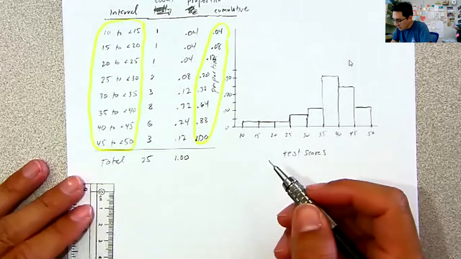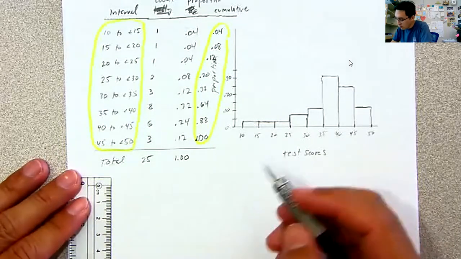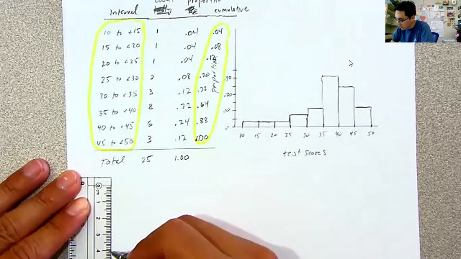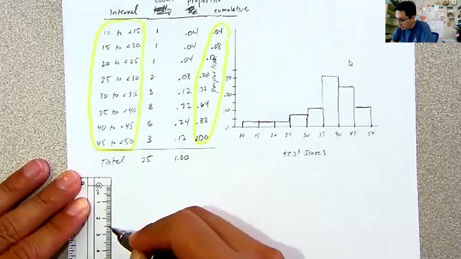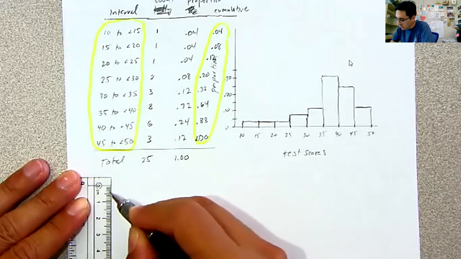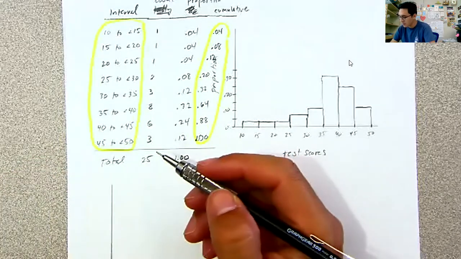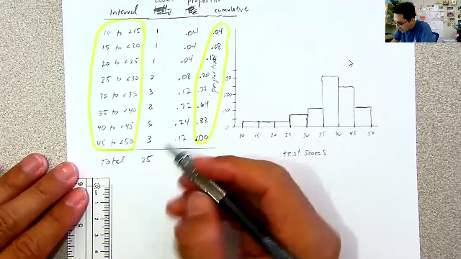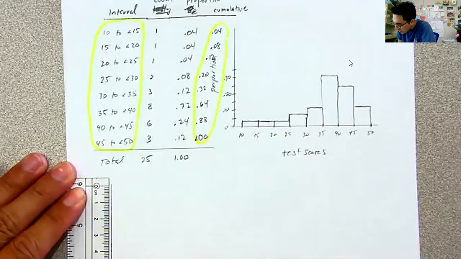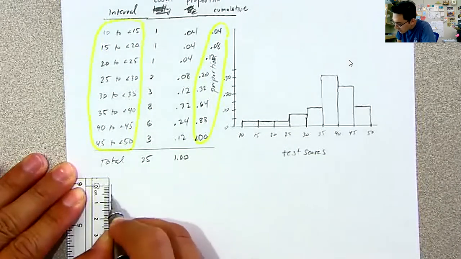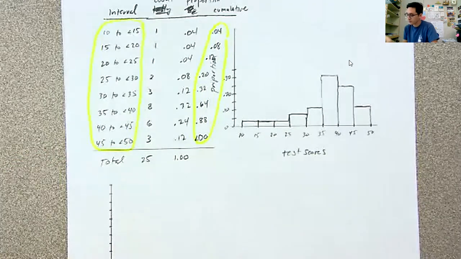And then over here, we need to go from 0 to 100%. So let's see, 10, 20, 30, 40, 50, 60, 70, 80, 90, 100, perfect.